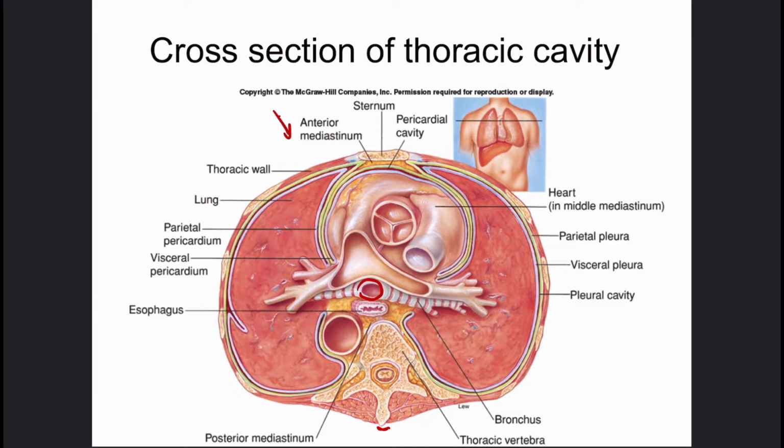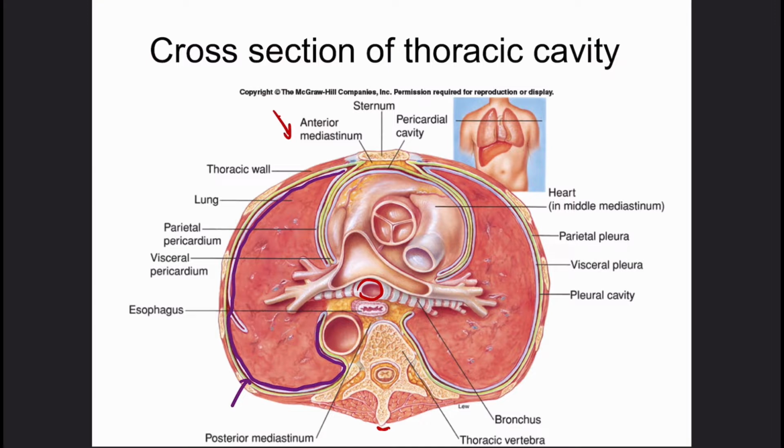But what I want you to look at is notice that there is a gap in the thoracic cavity between the rib cage and the lungs. So again, this is review from Anatomy 2, but we have our layers of membrane that surround our lungs like a water balloon.